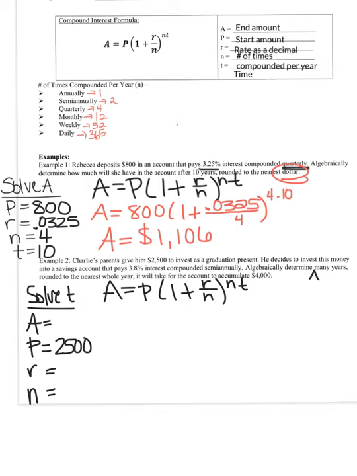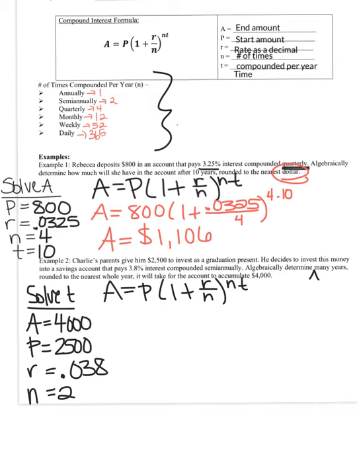He decides to invest this money into a savings account that pays 3.8% interest. So your rate, move the decimal twice, is 0.038. And that interest is being compounded semi-annually. Again, if you look at that list up here that I gave you, semi-annually means that it's happening 2 times a year. How many years before it turns into our final amount of $4,000?